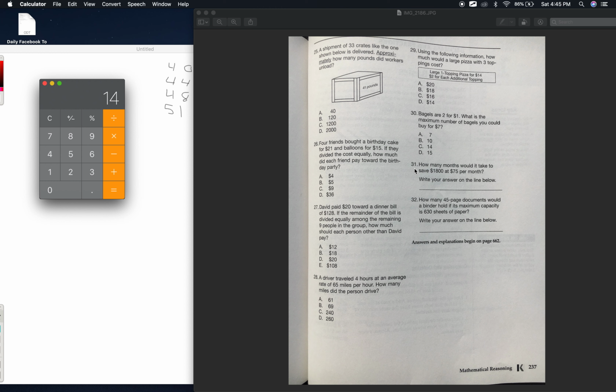Now, number 31 here. How many months would it take to save $1,800 at $75 per month? Write your answer on the line below. Let's read that again. How many months would it take to save $1,800 at $75 per month?